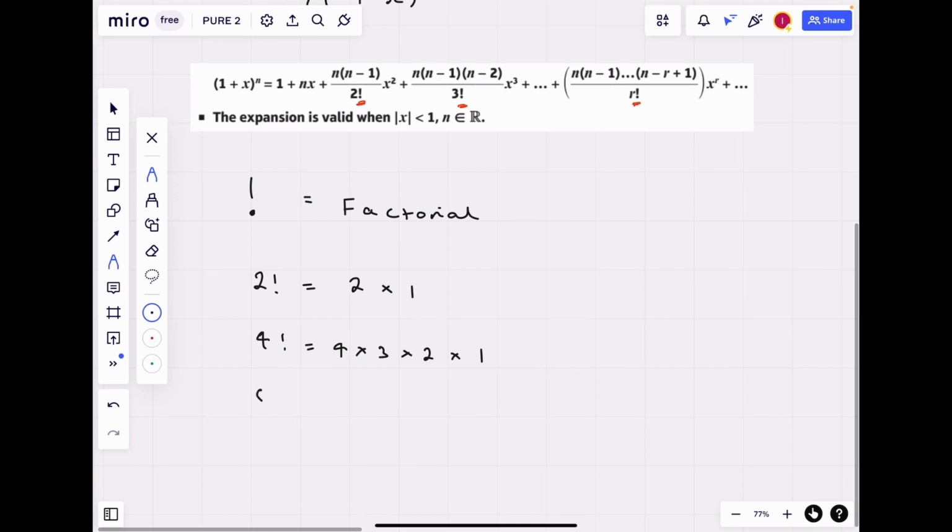Okay, so 5 factorial. What do you think that would be? 5 times 4 times 3 times 2 times 1. You get the point, right? That is factorial. That is the binomial expansion for factorial.